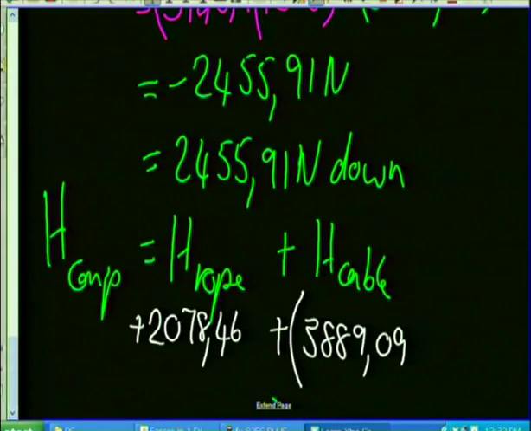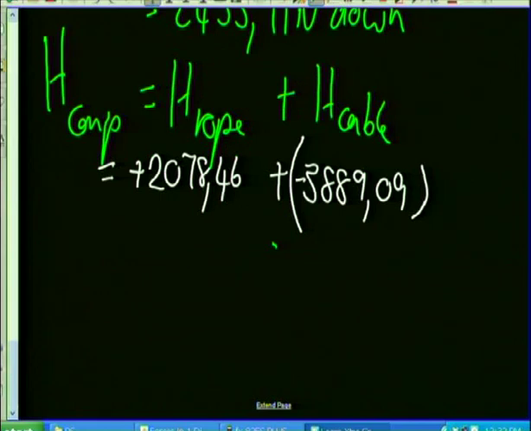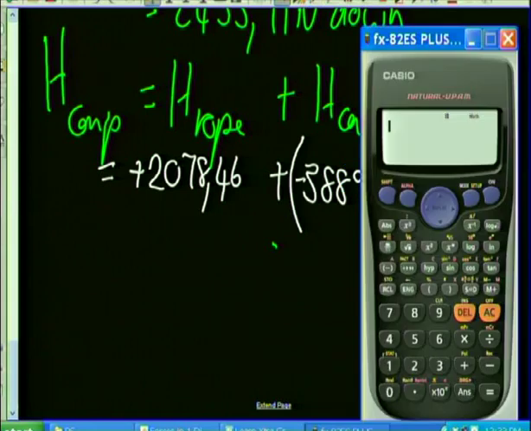We need to apply our sign rule here. We said anything that goes to the right is positive. So the rope was to the right, but the cable was to the left. So have a look and see what the answer is. I'm sure you can see that it's going to be to the left as our final answer. Let's do the calculation: 2078.46, and we're going to subtract from that 3889.09.